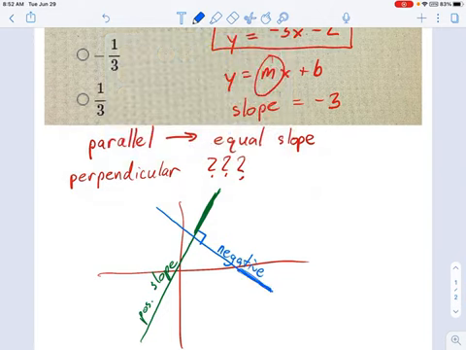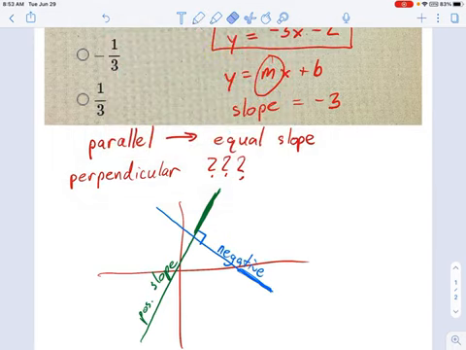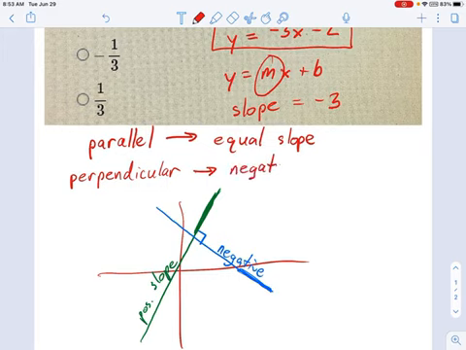So use that picture to remind yourself of this statement: when you have perpendicular lines, the slopes are negative reciprocals. Negative reciprocal. In other words, we add a negative sign and flip it upside down.